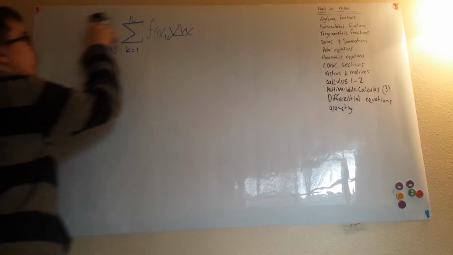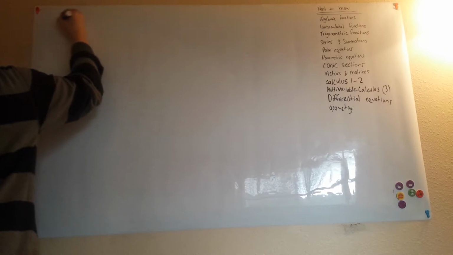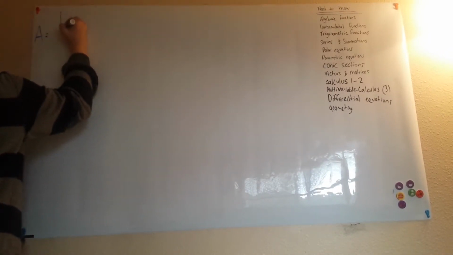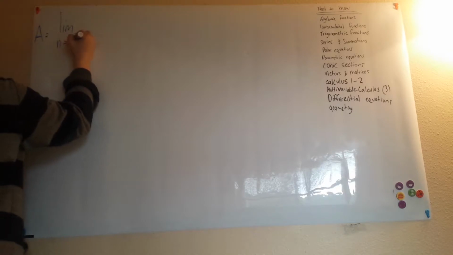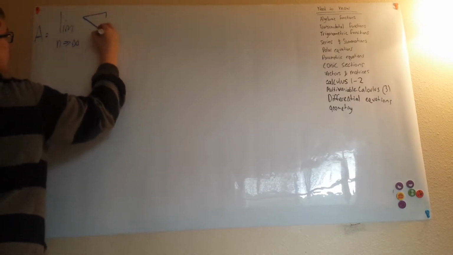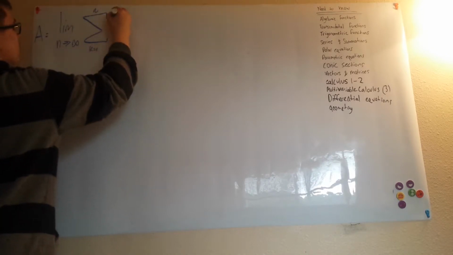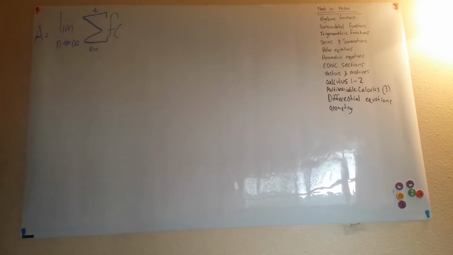So we're gonna do this. This area is equal to what? We have to put the limit there, so that's the limit as n approaches infinity of the summation from k equals 1 to n of f of, wait, what was our x of k?